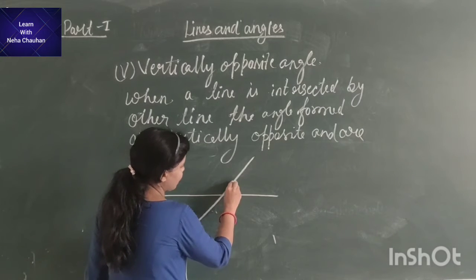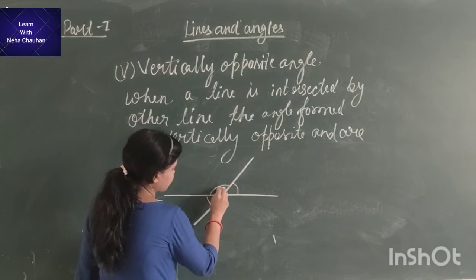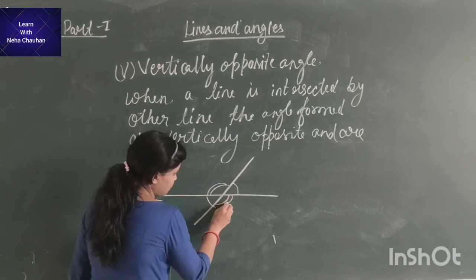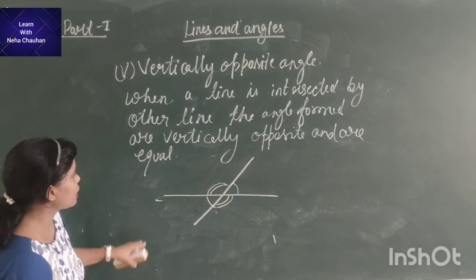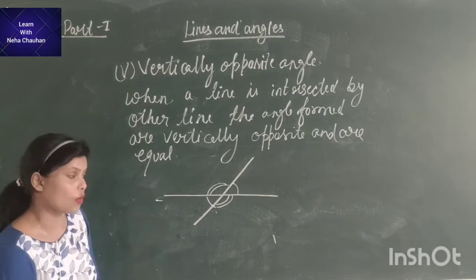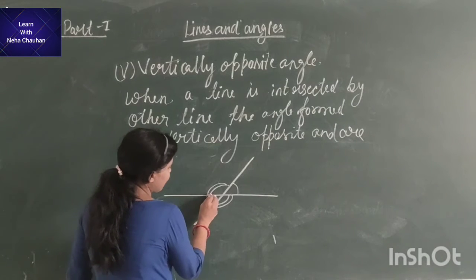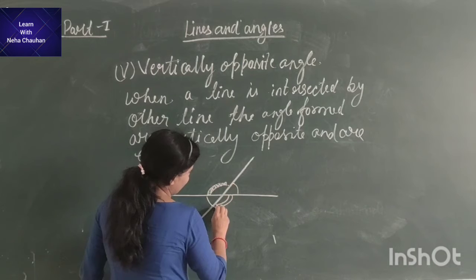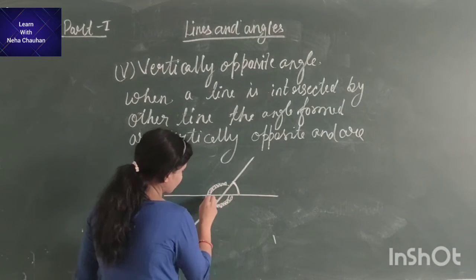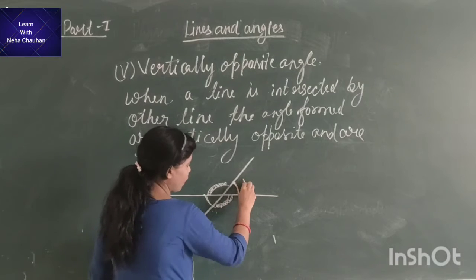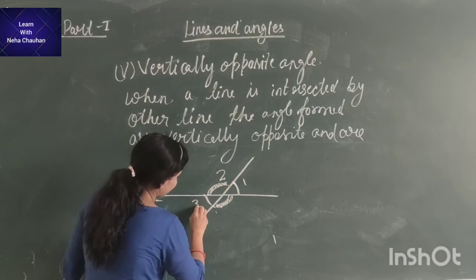So these angles are forming. These angles are known as vertically opposite angles and are equal also. That means this angle will be equal to this angle and this is equal to this angle. Say this angle is 1, 2, 3, 4.